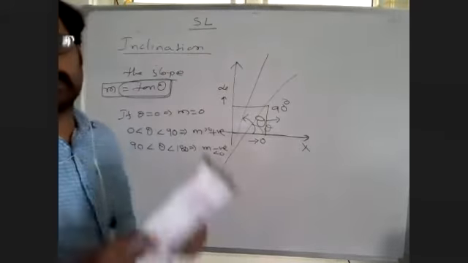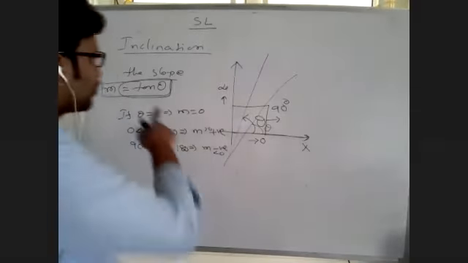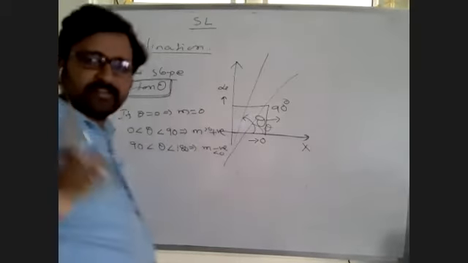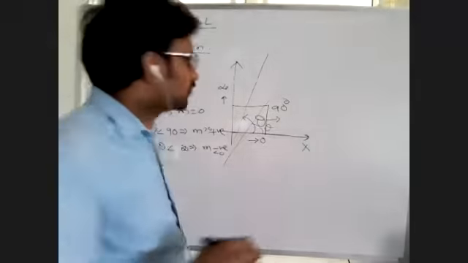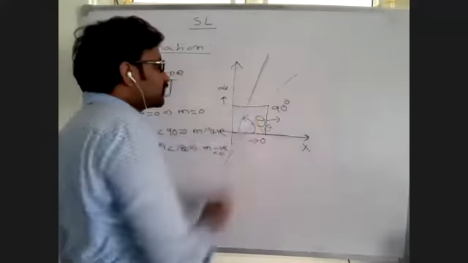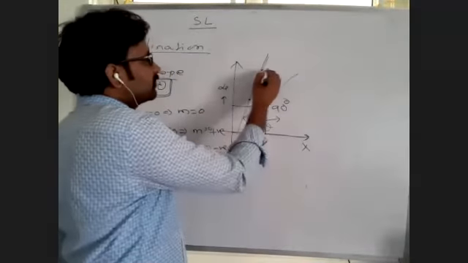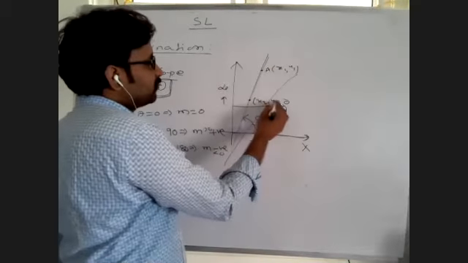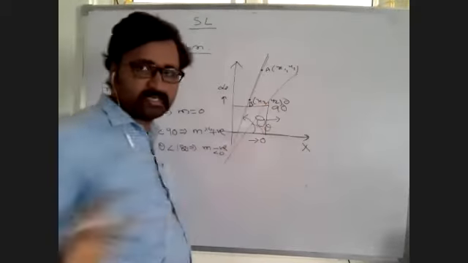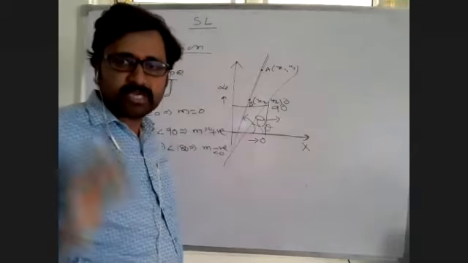This is one formula to find the slope when the inclination is given. And one more formula: on this non-vertical line, if you have 2 points, A(x1, y1) and B(x2, y2), you need not use m equals tan theta.